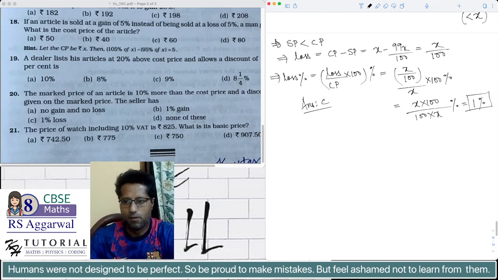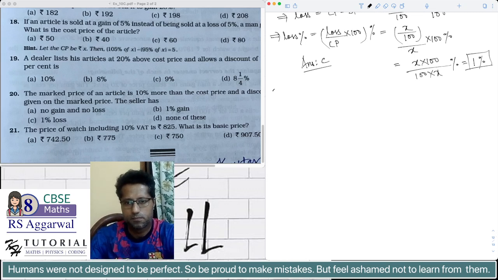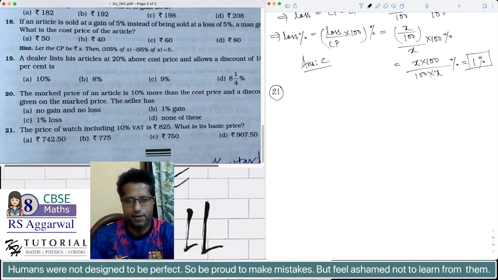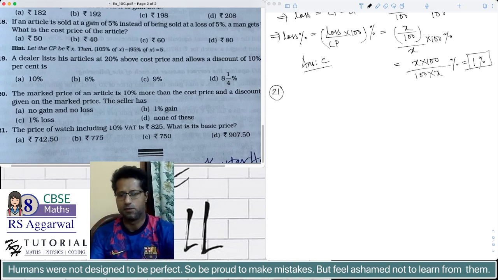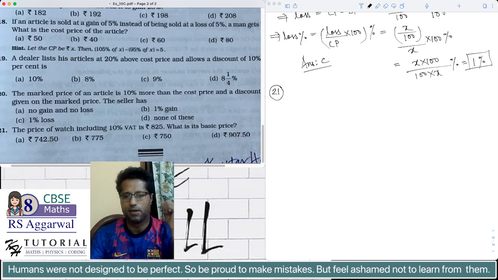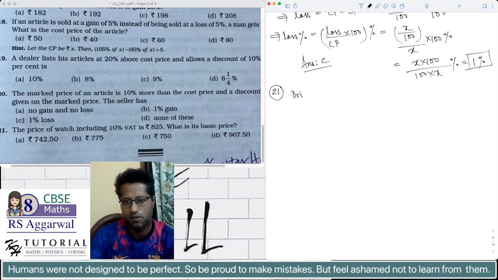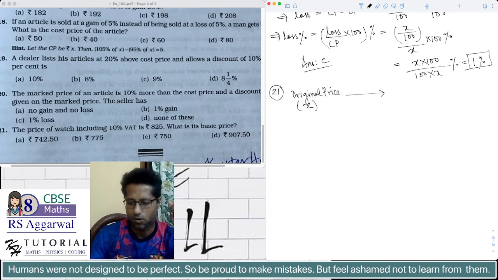Okay. Let's do problem number 21. The price of a watch including 10% VAT is rupees 825. What is the basic price? So we know that when there is sales tax or VAT or any kind of tax, the original price, also termed as base price, let's say this be X, and there is a tax, whether it be VAT or sales tax.